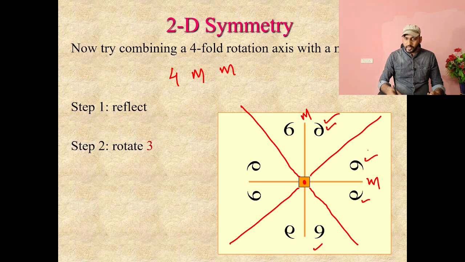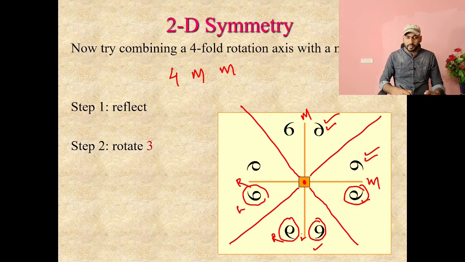Similarly, this one and this one, they are also looking like mirror. They are also reflected. Here the left becomes right and right becomes left.